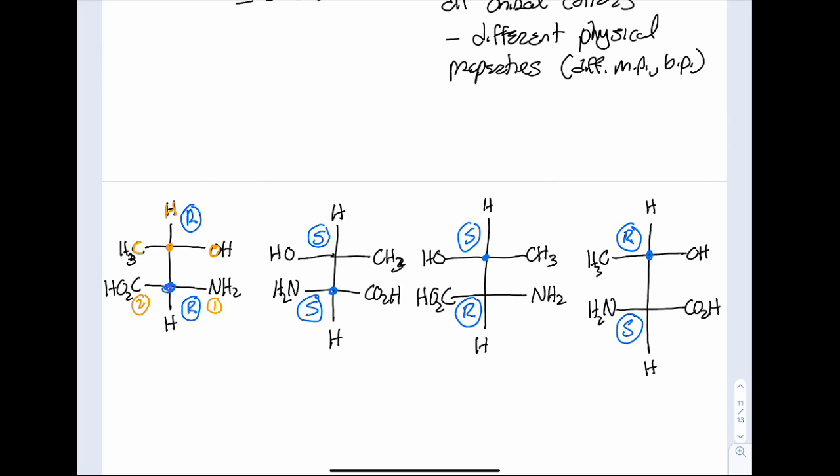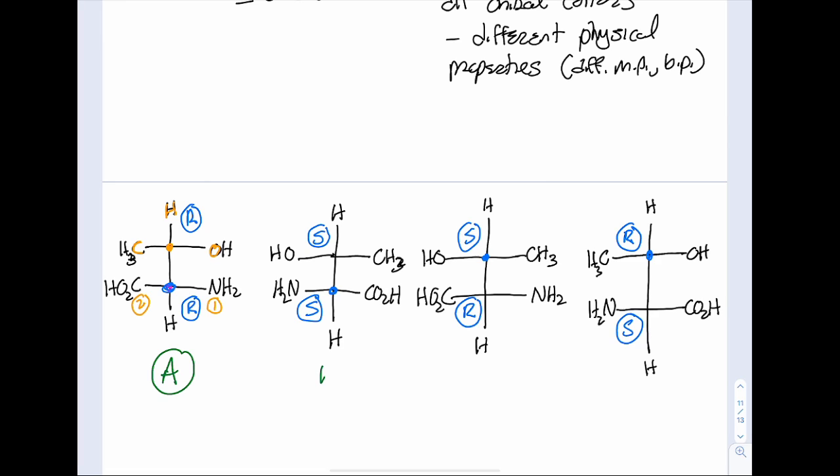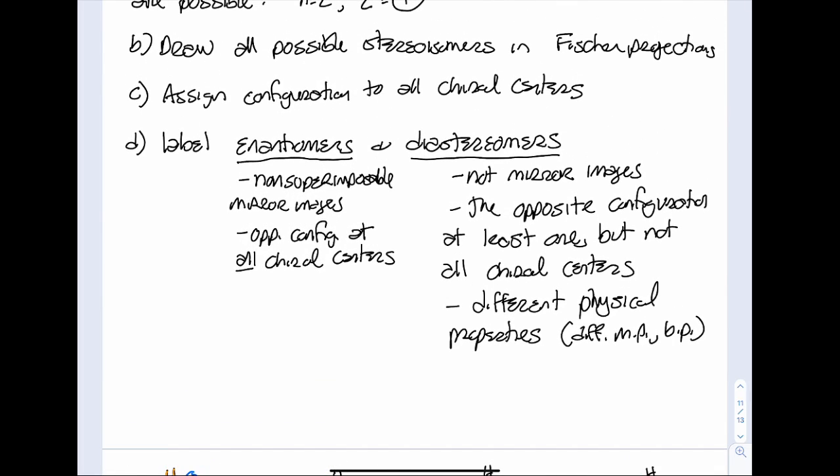Okay, so let's call these molecules A, B, C, and D. So our next task, we're on D. It says to assign or label enantiomers and diastereomers. So remember, enantiomers are going to have opposite configuration at all chiral centers.